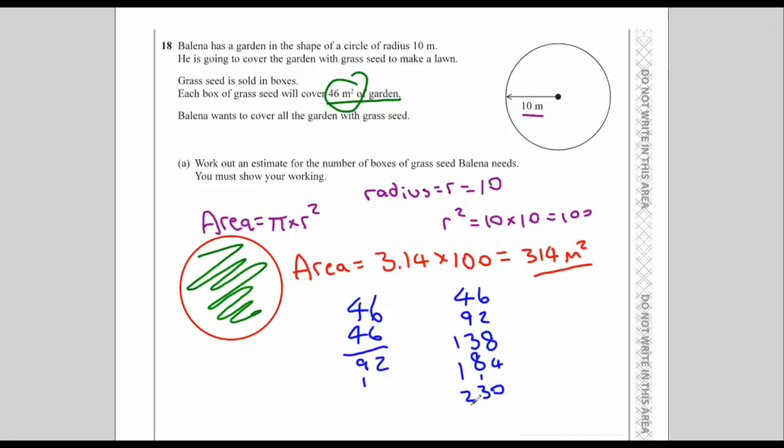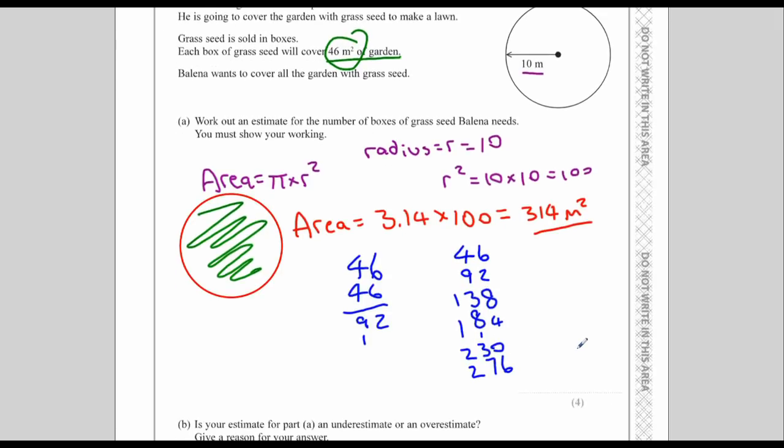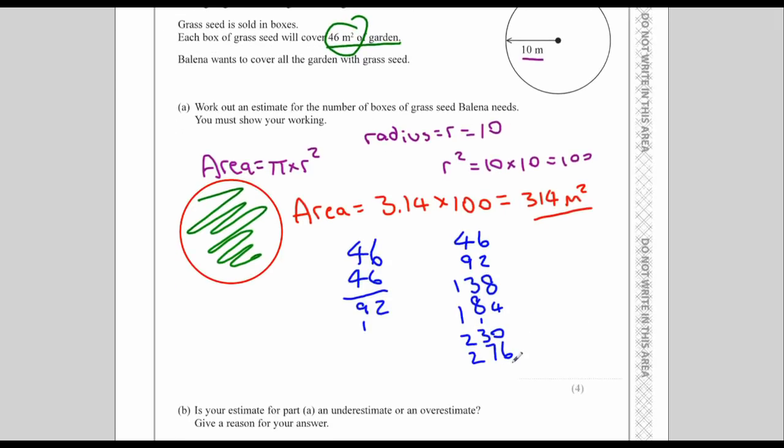Okay, add another 46, 276, add another 46 is going to give you 2 carry 1, add on 40, carry 1, 322. So we've gone over.